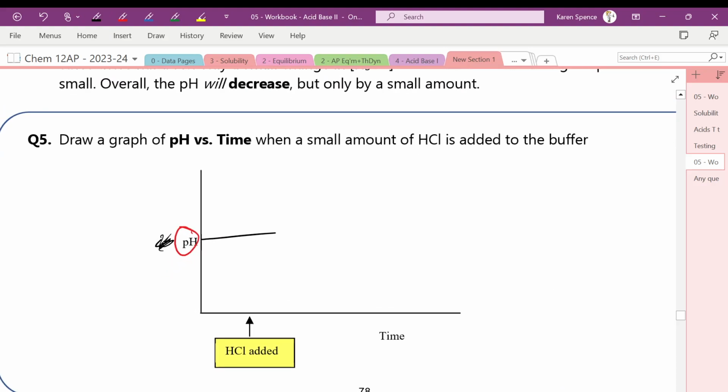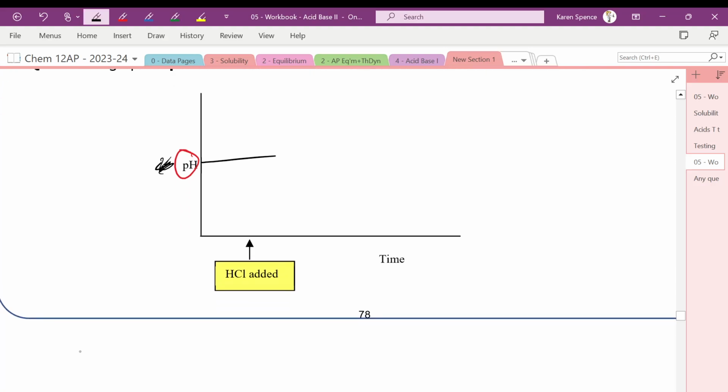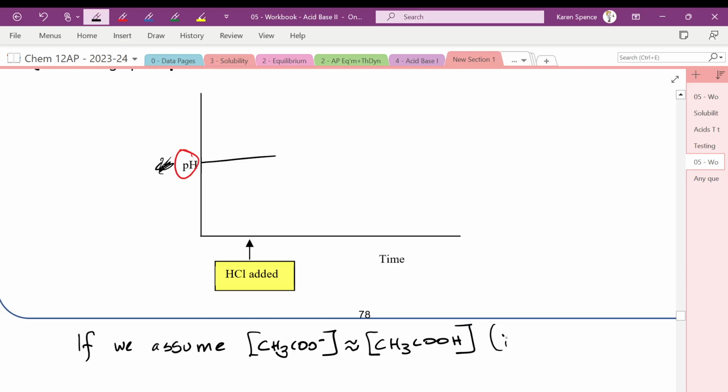Actually, if we assume that the concentration of the CH3COO minus is approximately equal to the concentration of the CH3COOH, at least initially, what would be the initial pH of the solution?